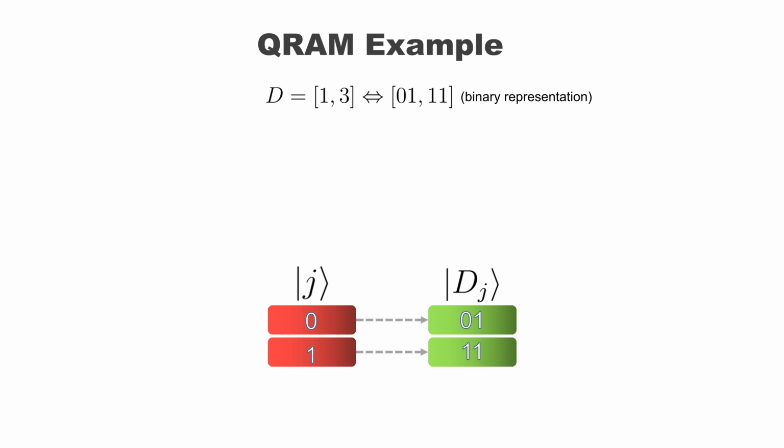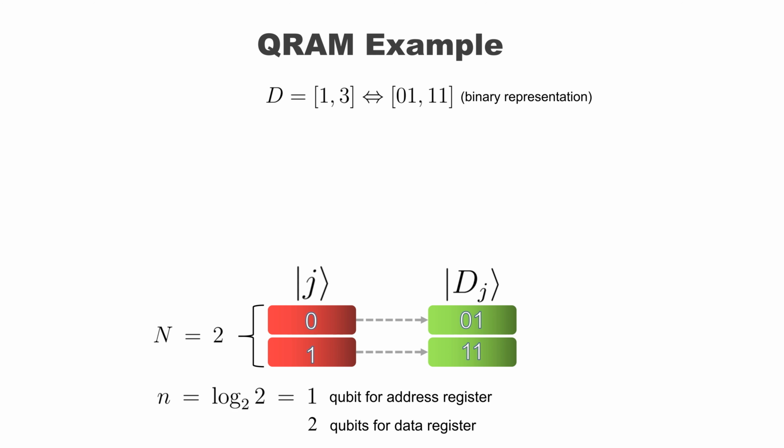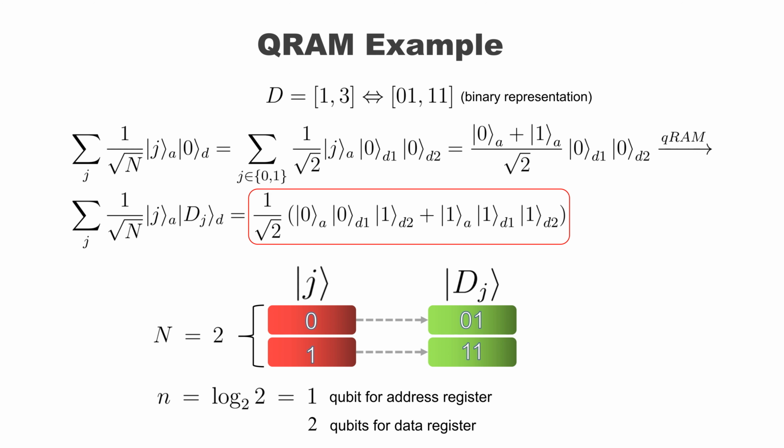So, we need to encode the 01 state of the data register into state 0 of the address qubit, and state 11 into the state 1 of the address qubit. The length of the data array is equal to 2. Therefore, we need 1 qubit for the address register. In accordance with the definition of QRAM, the quantum circuit, which forms the connection between our dataset and the states of the address qubit, should result in the following state.